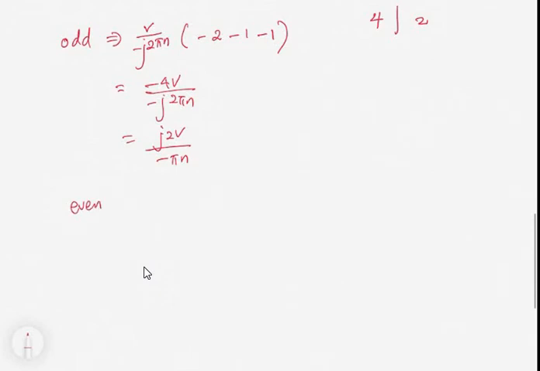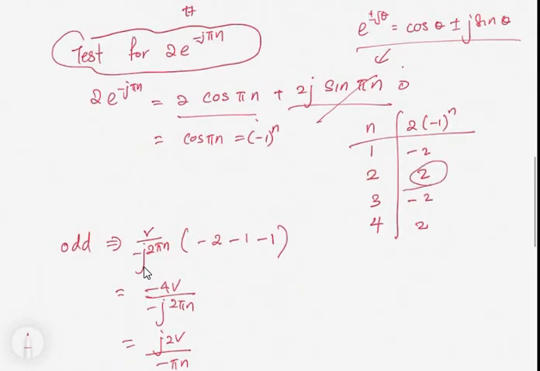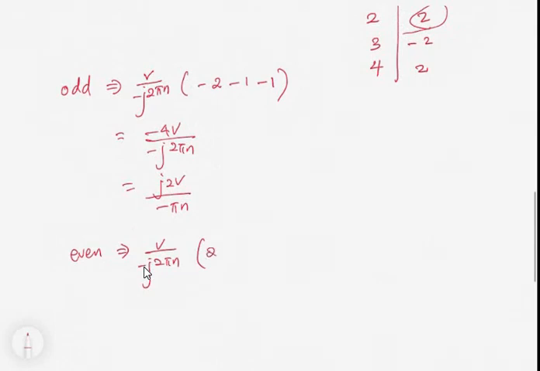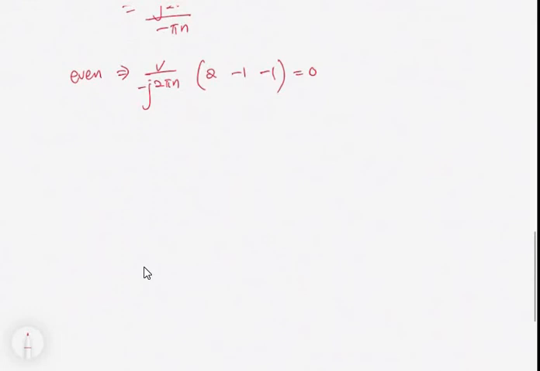And for the even signals, there is a v over negative j2 pi n. And then for the even, you get 2. So you get 2 minus 1 minus 1. This is equivalent to 0. Okay?